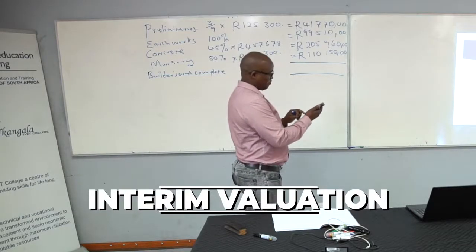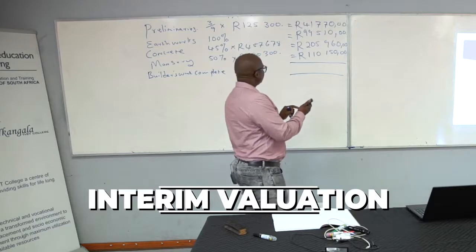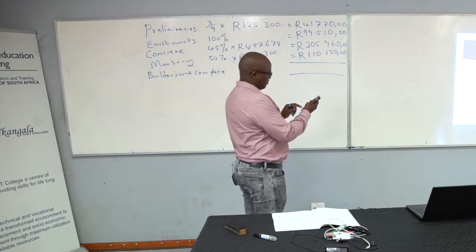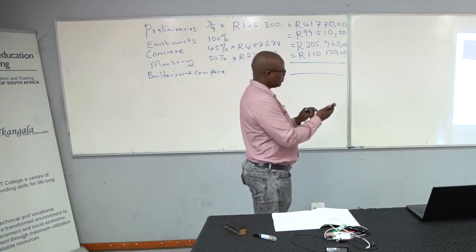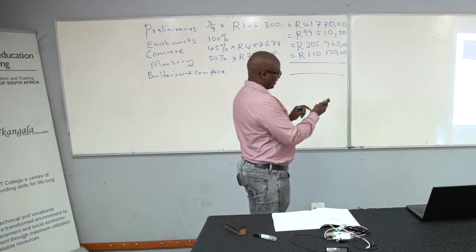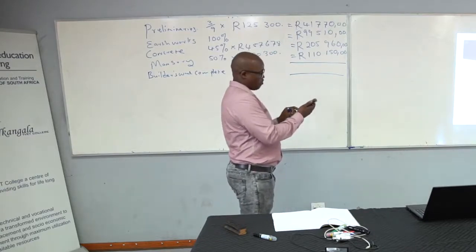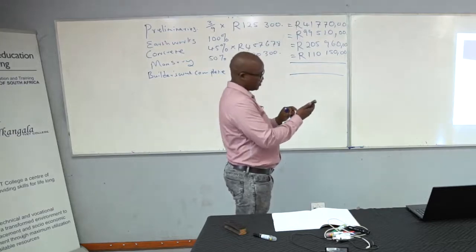We will have 41,770 plus 99,510 plus 205,960 plus 110,150 rand.